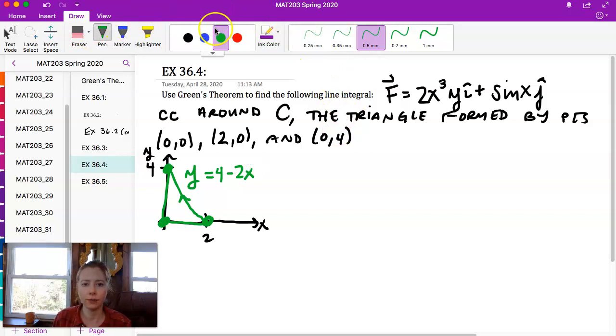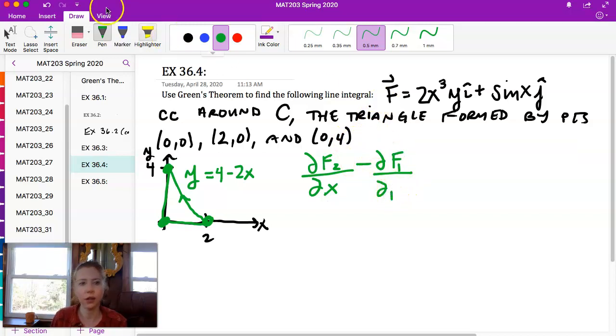And so del f2 over del x minus del f1 over del y is going to give us, del f2 over del x is going to be cosine x, and del f1 over del y is going to be minus, so we have our minus here, and it's going to be 2x cubed.